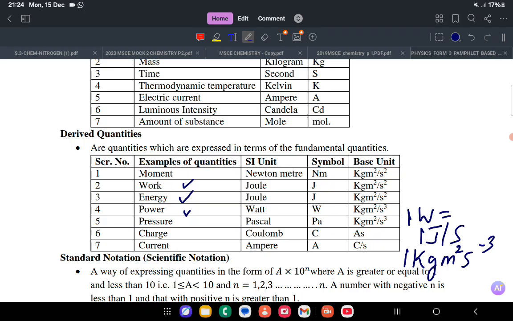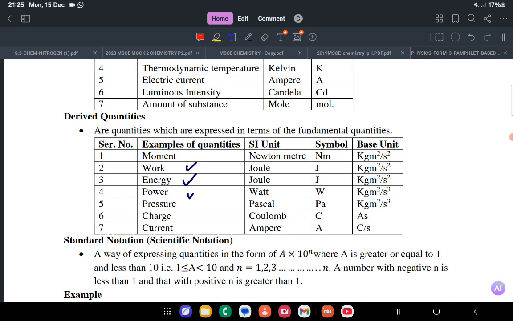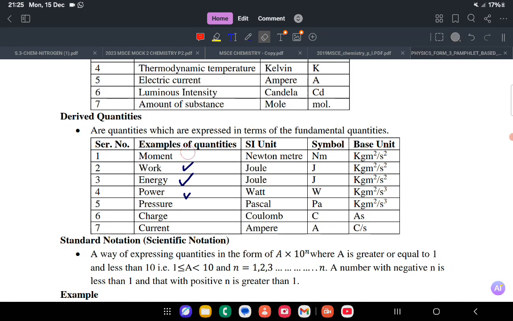So make sure you know all these and many others. I would leave you with work to look up the other examples, because there are many of them. There are thousands and thousands of derived quantities.